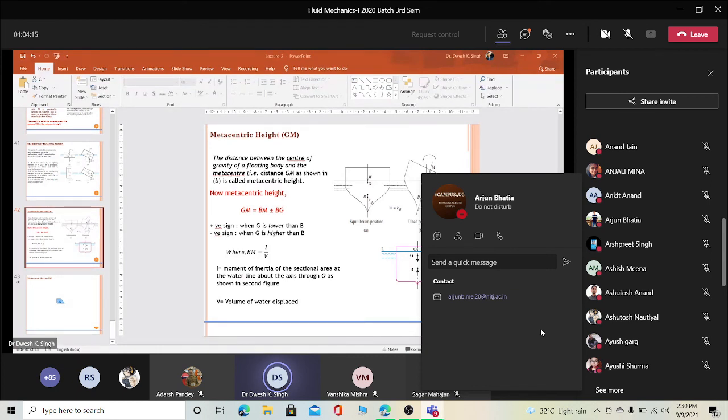Rajan is present. Rishabh Kumar is present. Rishabh Sharma is present. Sagar is present. Saksham is present. Samir is present.